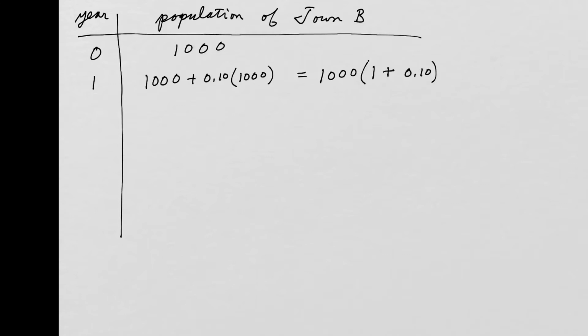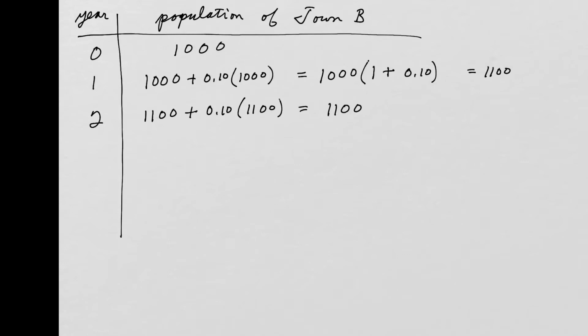Okay, and that equaled 1,100, right, ultimately. But I'm going to leave it like that, as 1,000 times 1 plus 0.10. Then year 2, we have 1,100 plus 10% of 1,100. But I could factor out the 1,100, right? I could pull it out front.